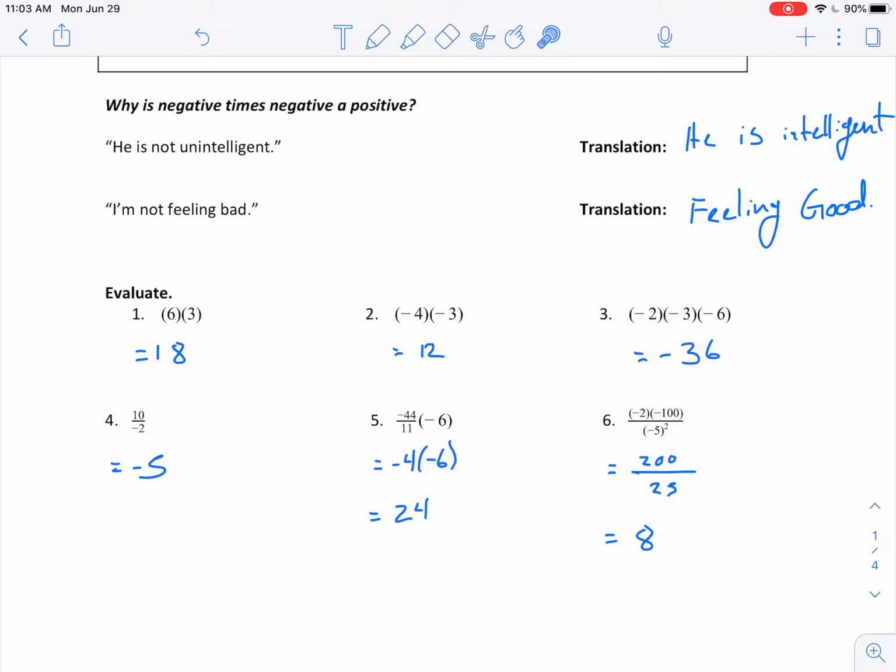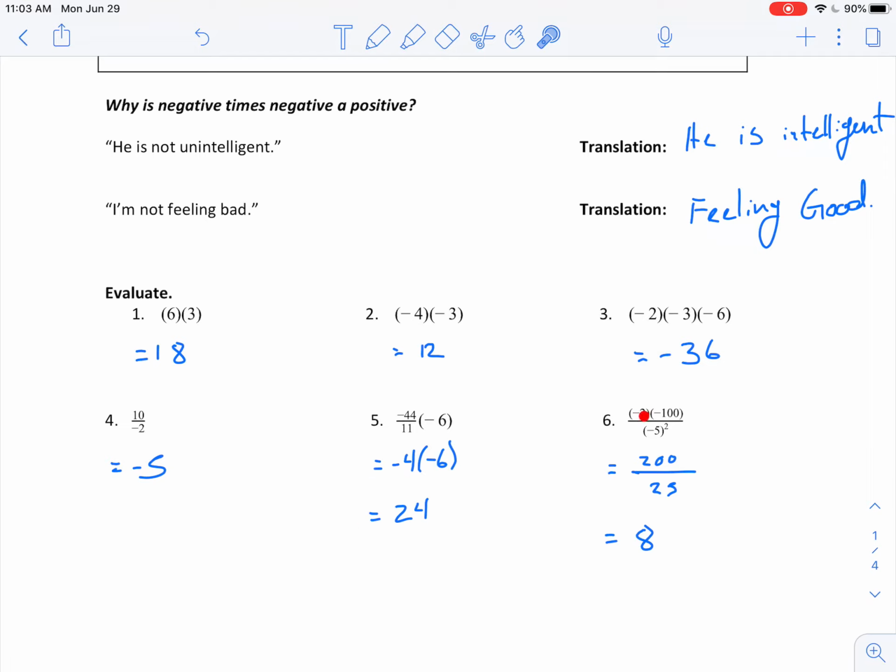10 divided by negative 2, a positive divided by a negative, and then doing the math for the numbers, would be negative 5. Negative 44 divided by 11 times negative 6. Well, negative 44 divided by 11 gives us negative 4, and that's still being multiplied by negative 6. Negative times a negative gives us a positive number.